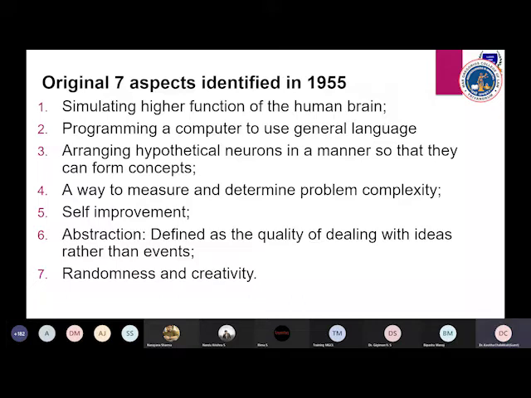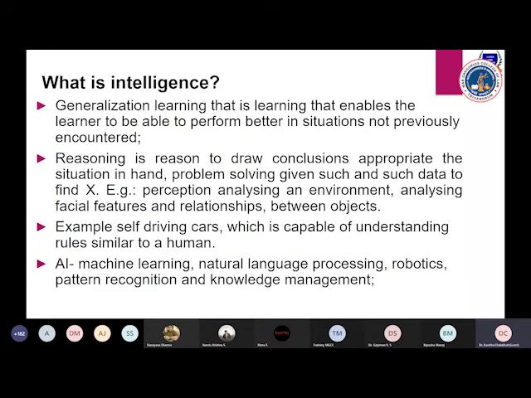So in this context, now we are moving to learn what is intelligence. I'm not talking about IQ or anything, but basically what is intelligence? Intelligence is when you are capable of performing better in a situation which was not previously encountered. So when a student scores a very high mark in a very difficult paper, we say that student is intelligent because the student performed better on something which was not previously given.